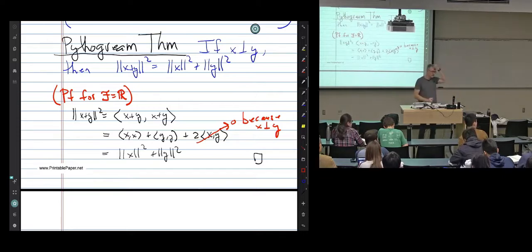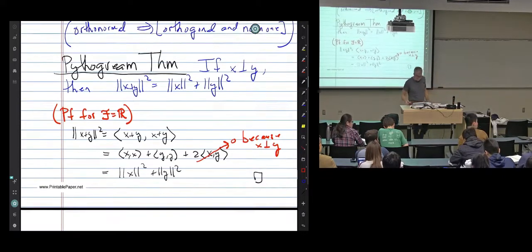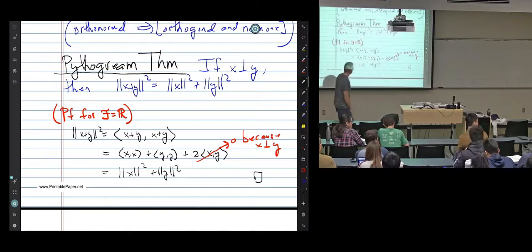Question, please. So in this proof, we sort of assume that, or we only show that it's true for all norms that come from inner products. Like you mentioned previously that all norms can be expressed as inner products. No, that's not true. Okay. So then it's only true for inner product norms.